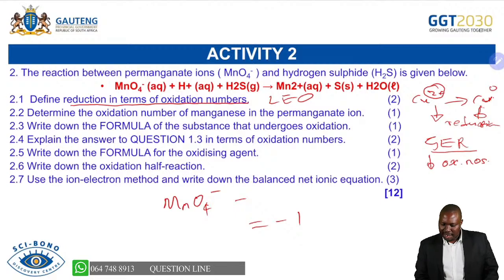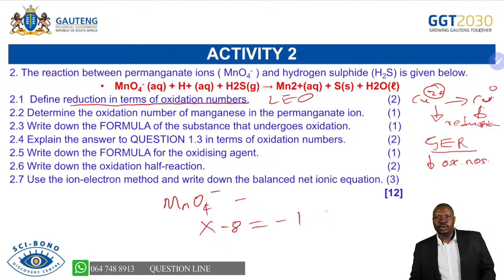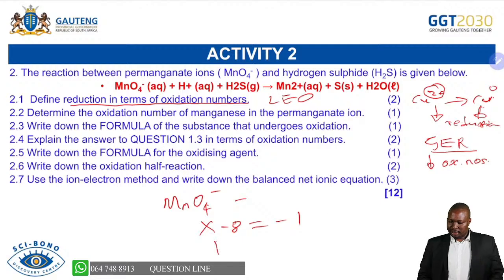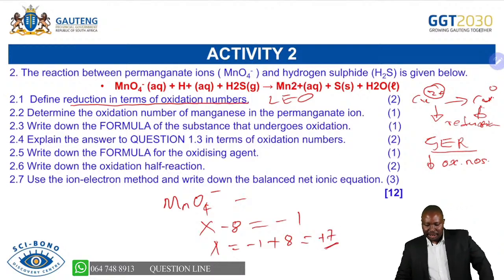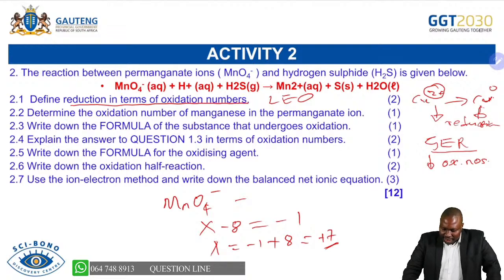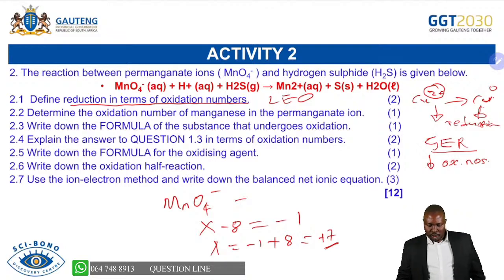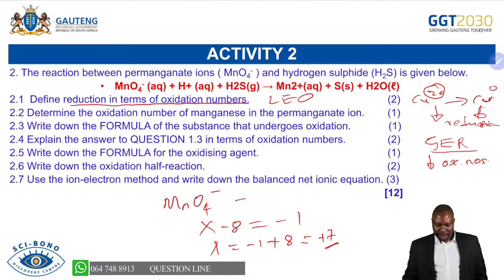So you know that you have -2 times 4, which will give you -8. Then you want a number that will give you -1. So you can simply say x equals -1 plus 8, which equals +7. So you know that the oxidation number of manganese there must be +7. So you can check that, okay, that's what is happening.